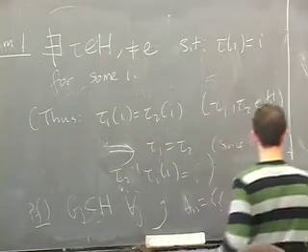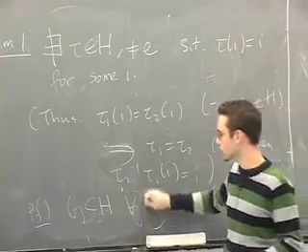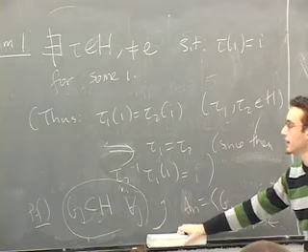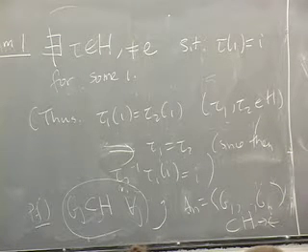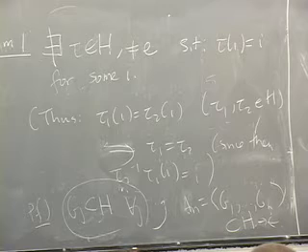So that's a contradiction. So the real point is to show this fact, that every G_j is a subgroup of H. And that's using the sorts of things that we've done so far.